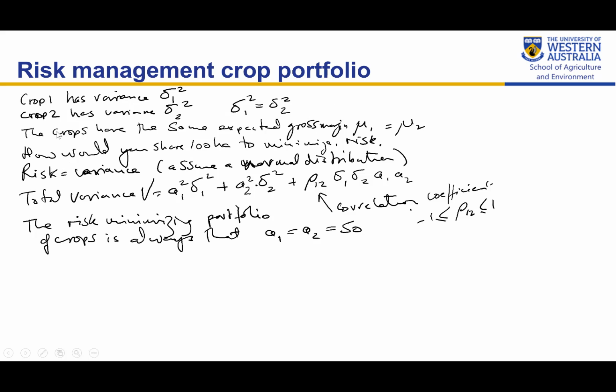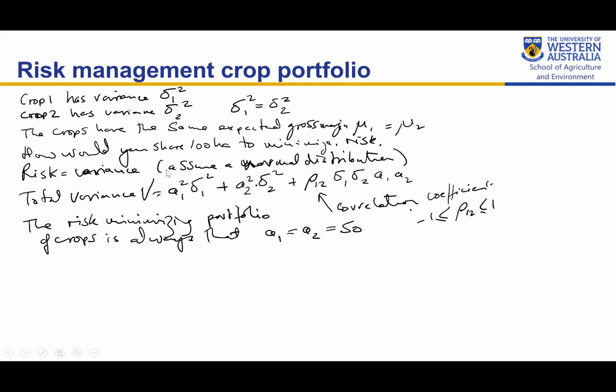Well, let's say that the crops have also got the same expected gross margin, so you can't really distinguish between them. And if we say that the total variance of these two crops is given as follows.